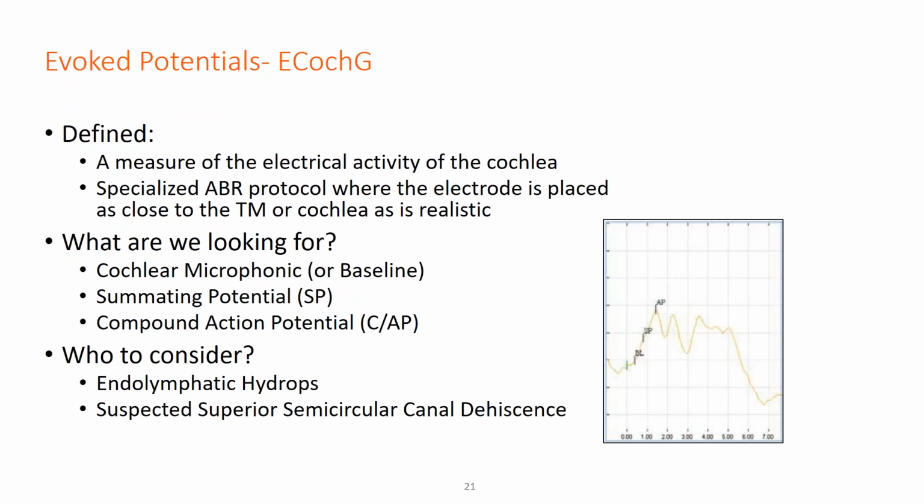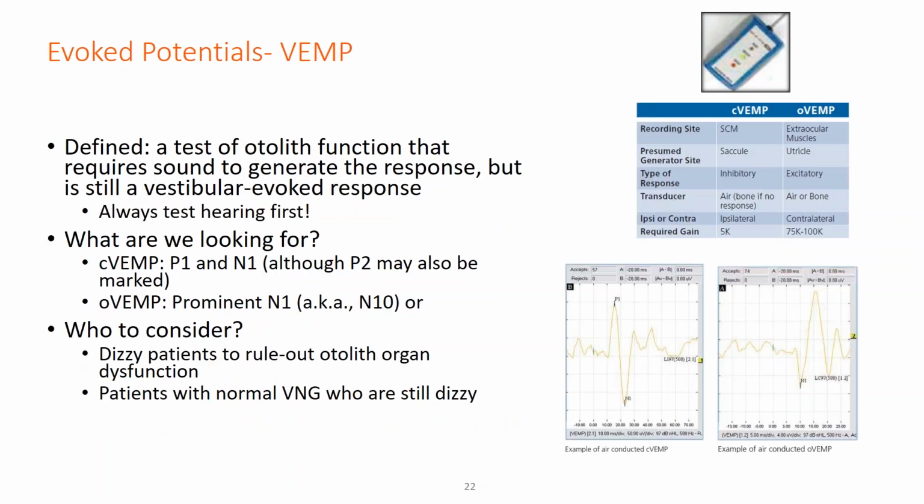This is showing what ECOG would be looking for. You're going to look for a cochlear microphonic or a baseline, going up to a summating potential or an action potential, and then you're going to look at the ratio of these. As we had mentioned, this is a helpful thing to diagnose endolymphatic hydrops or Meniere's disease, but it can also be a strong tool for suspected superior semicircular canal dehiscence.